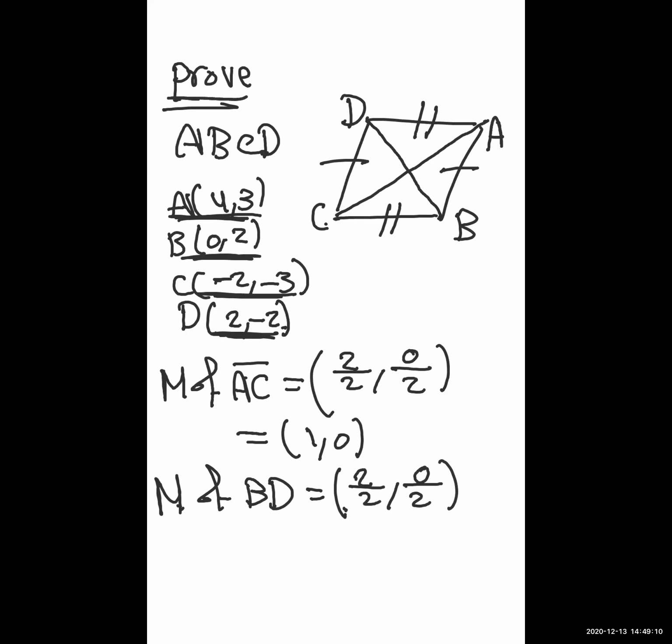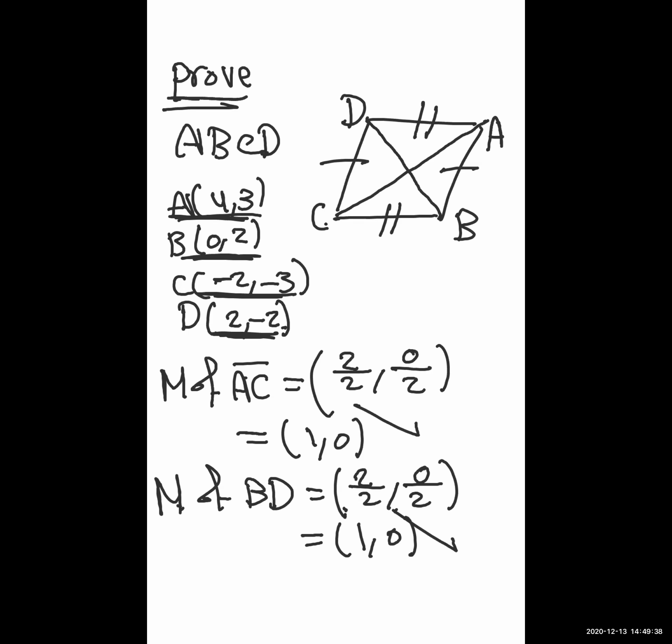So the point will equal 2 over 2 means 1, 0 over 2 means 0, so (1, 0). So the midpoint of AC is the same as the midpoint of BD. In this case, guys, the two diagonals bisect each other, so ABCD is a parallelogram. Now is this one clear? Yes. Okay, great.